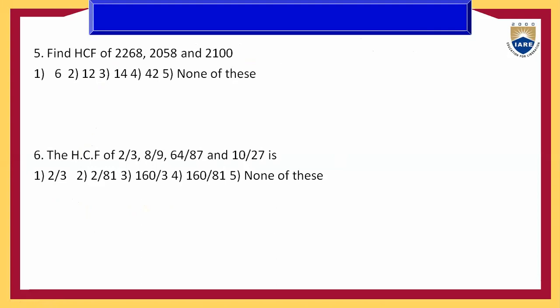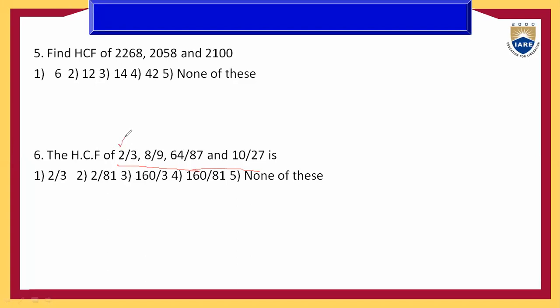Next we see the sixth problem. The fifth problem is a similar one. The HCF of 2 by 3, 8 by 9, 64 by 89, 10 by 27 is. The HCF of fractions formula is the HCF of numerators divided by the LCM of denominators.